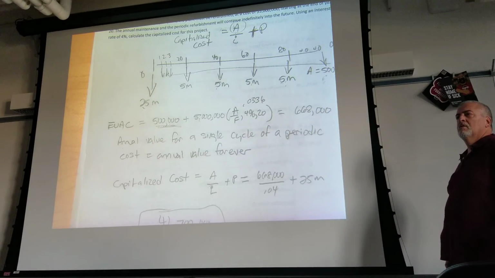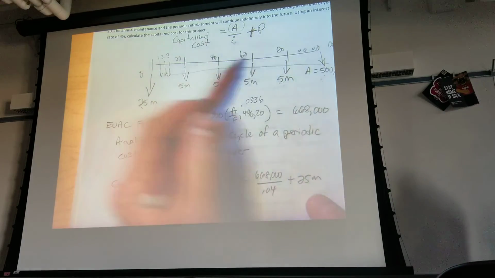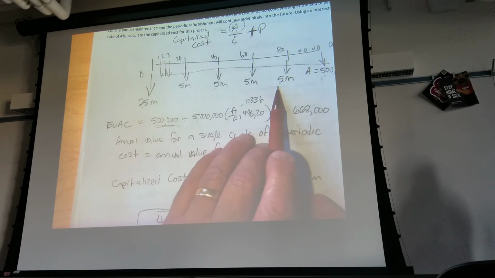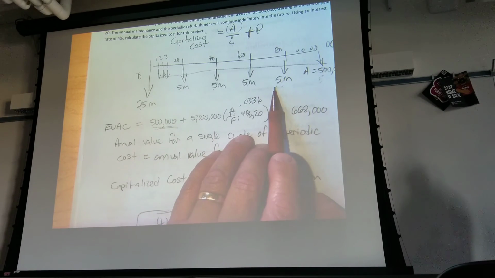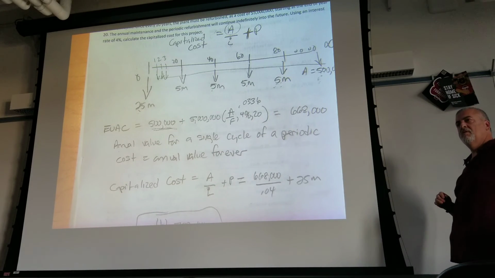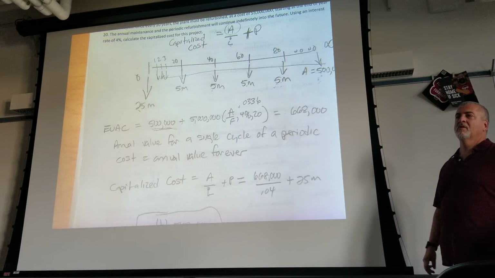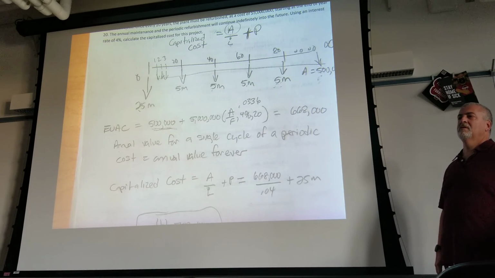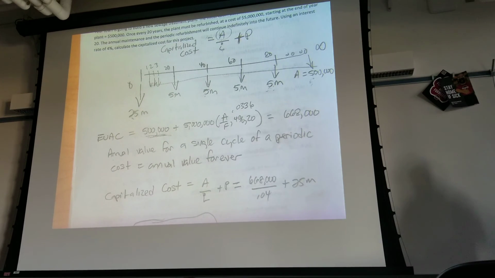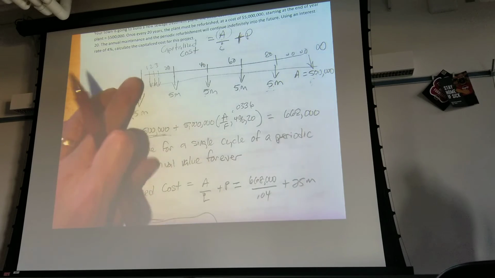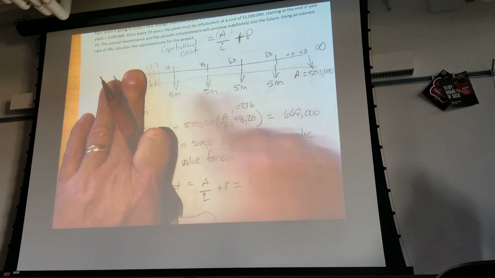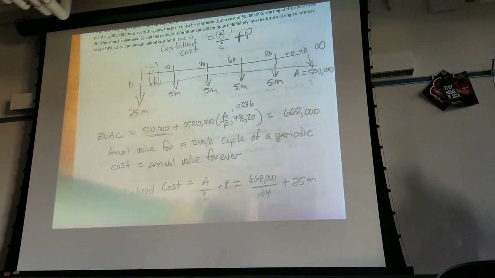That's equal to 500,000 per year plus 5 million every 20th year. If you stretch that out annually forever, it's 668,000 per year. Does that make sense? Instead of spending $5 million every 20 years, that's what it would be if you were spending it every year as you go. Excluding the 25 million that I just covered up on my finger, the rest of this is equal to that.